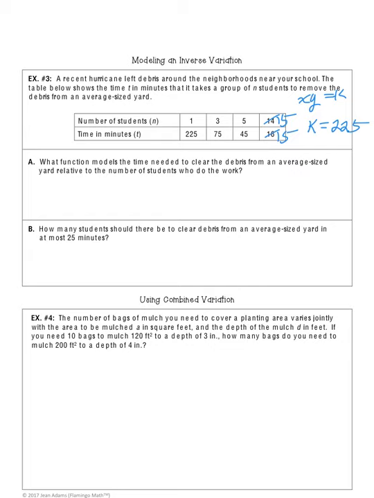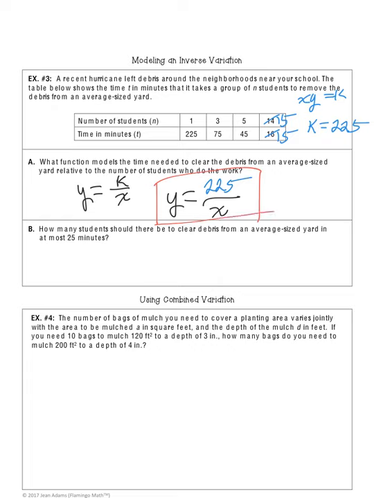So then we're going to use y equals, because it is inverse variation, y equals k over x. So y equals, we found our k to be 225 over x. I prefer this for our purposes here in this question.